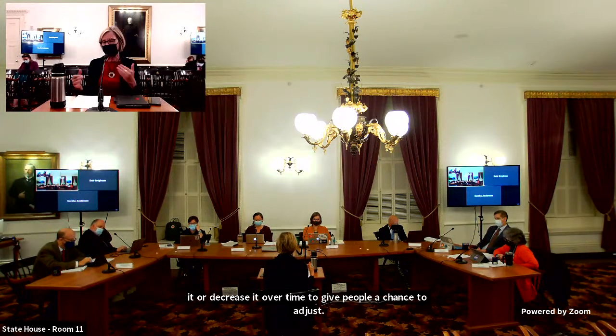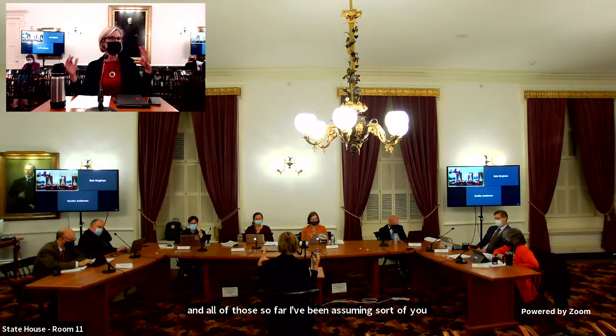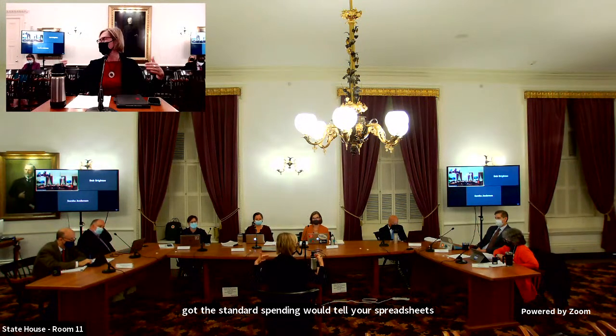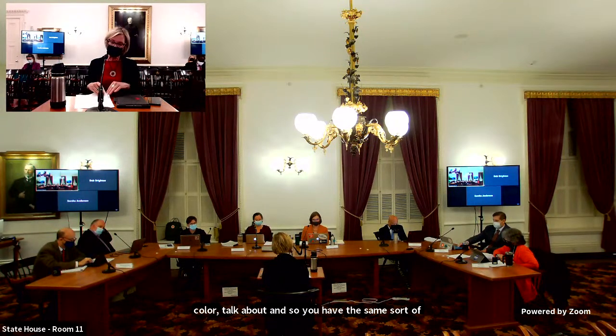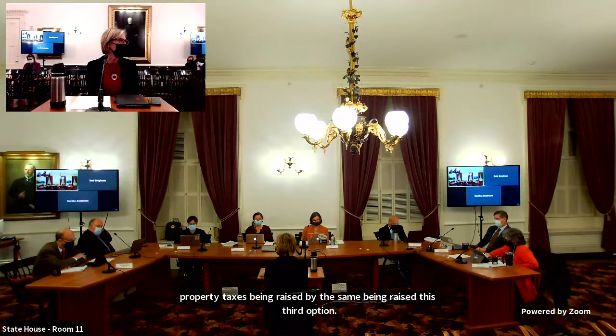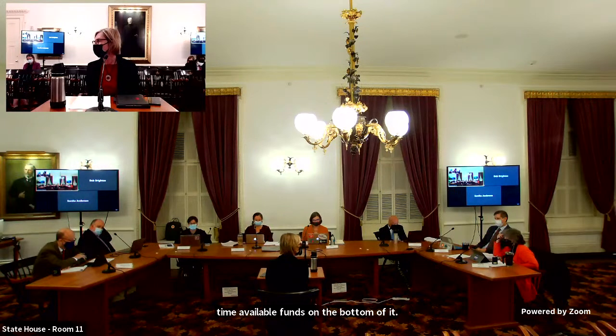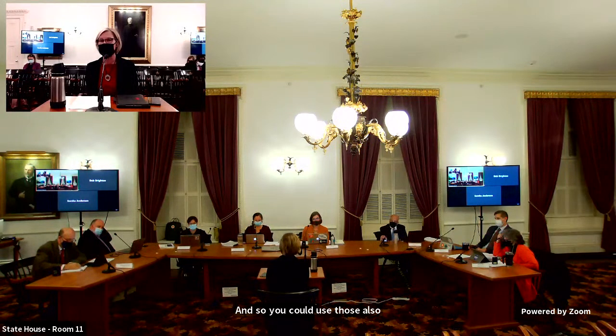And all of those so far, I've been assuming you've got the standard spending, which all your spreadsheets talk about, and so you have the same property taxes being raised. This third option, if you remember, the education fund actually has some one-time available funds on the bottom of it. And so you could use those also in a way to reduce tax, help the transition.